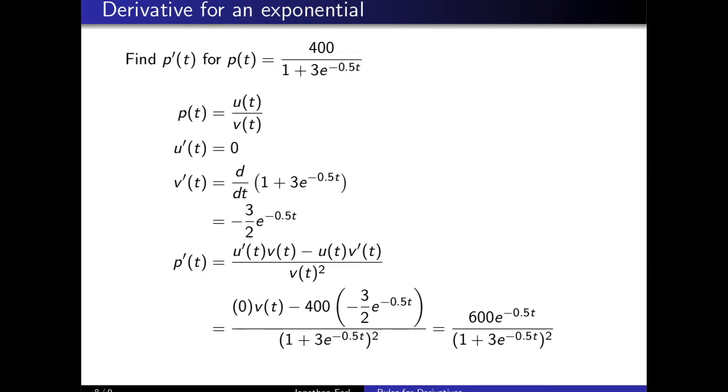So that'll tell us that the derivative of v is going to be minus 1.5 e to the minus 0.5t. And then putting everything back into our quotient rule, we'll get the derivative of p is 600 e to the minus 0.5t, all divided by 1 plus 3 e to the minus 0.5t all squared in the denominator.